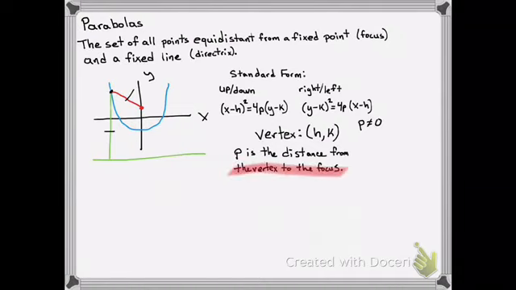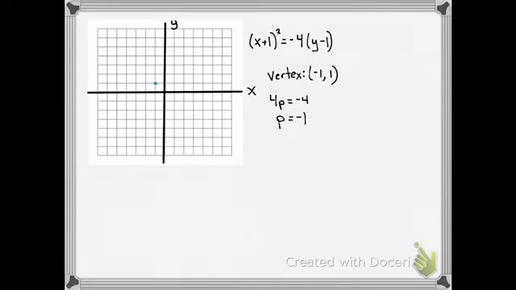Very important. It happens to be the same distance to the directrix, but we want to think of it as the distance just to the focus. And so when we see that p is negative 1, that tells us that from our vertex we need to go down 1 to put the focus. So that red dot right there, and I'm going to put a little F by it, that's our focus.